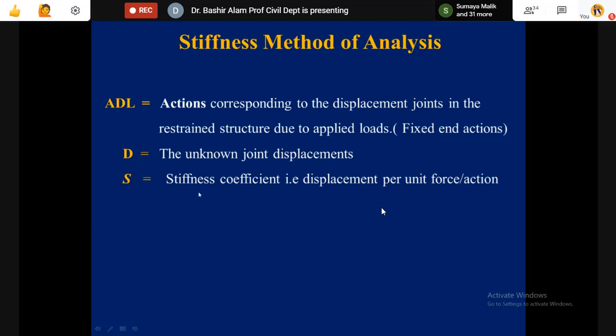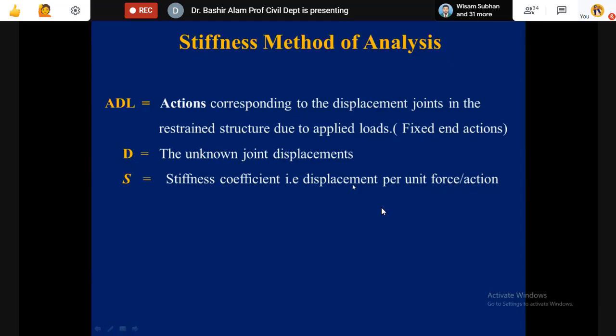D is the unknown joint displacements, and S is the stiffness coefficient, that is, displacement per unit force. Now, displacement produced by a unit force or action. So this should be the other way around. Faisal, are you there? Yes, sir.